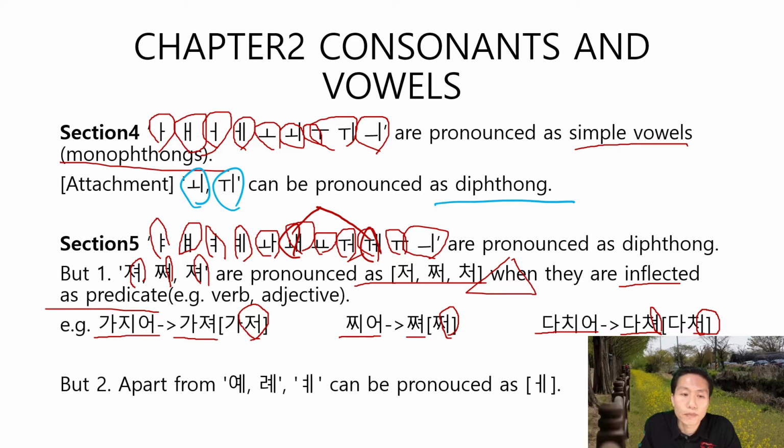Okay? But number 2, apart from 예 and 례, 예 can be pronounced as 에. Okay? Now let's move on.